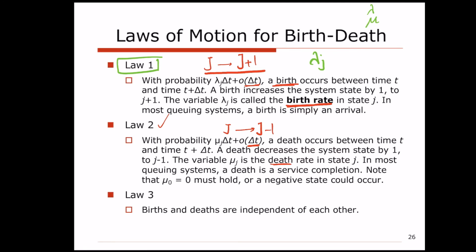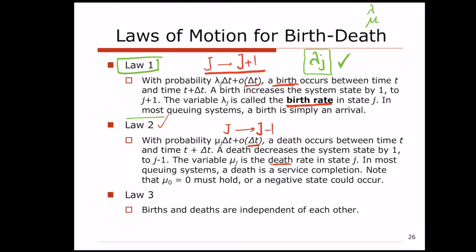In a general system, we assume that the rate of arrival of customers or entities to the system when there are j people in the system is lambda j. In other words, in a general case, the rate of arrival depends on how many people are in the system.